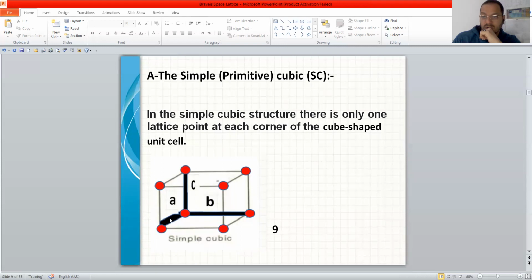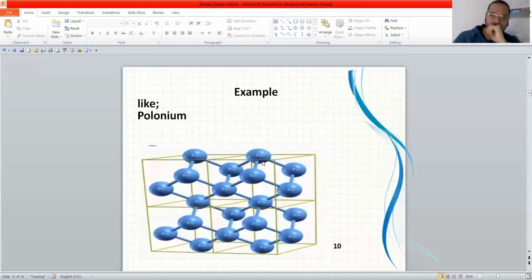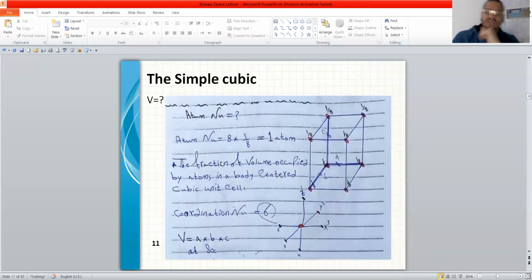Here, A, B, C are equal, and I just have part of atoms in each corner without any extra atoms in the middle or on the face. Polonium is a good example to illustrate the simple cubic structure. Now let's calculate the volume, but to calculate it, we must calculate other things like the atom number in each cube.